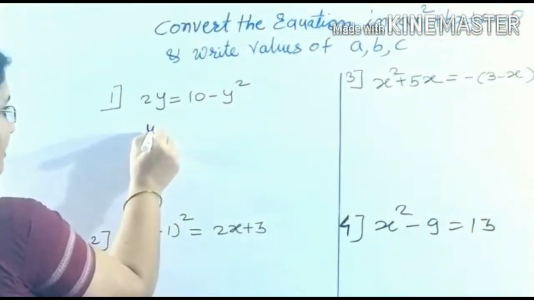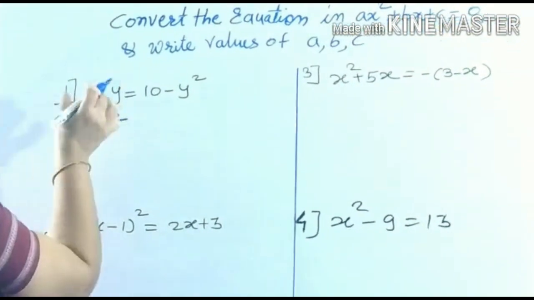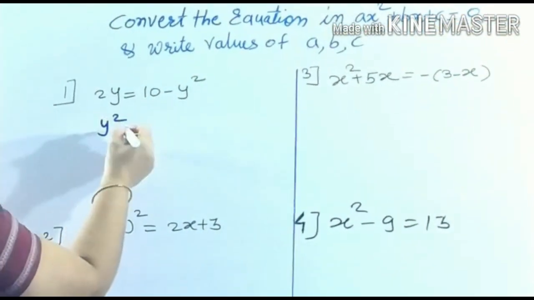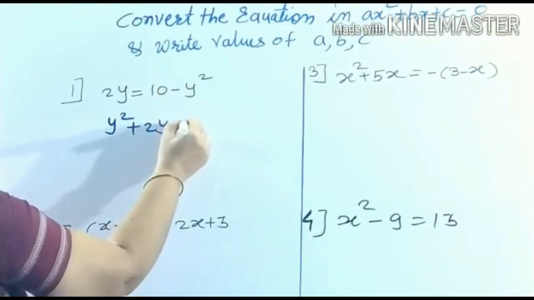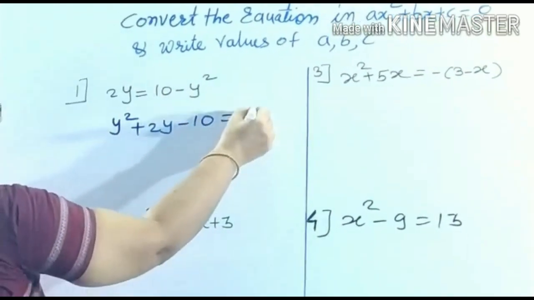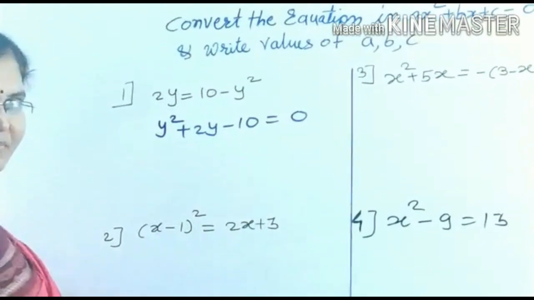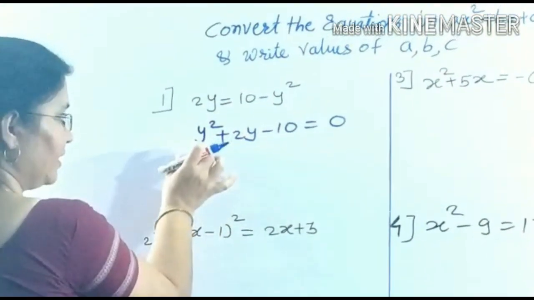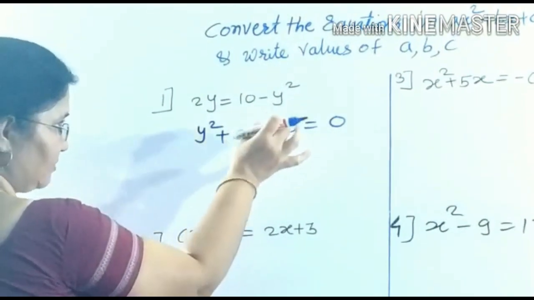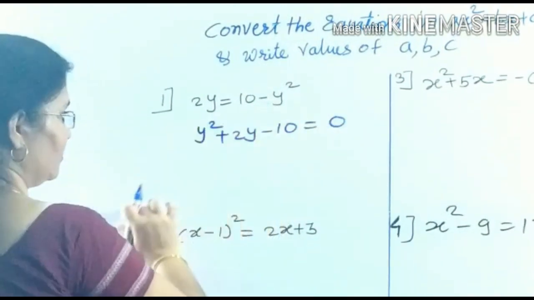It becomes plus. This 2y is already on the left, so it remains as it is, plus 2y. This 10 to the left, it becomes minus 10 is equal to 0. We converted that equation in the format ax square plus bx plus c is equal to 0.